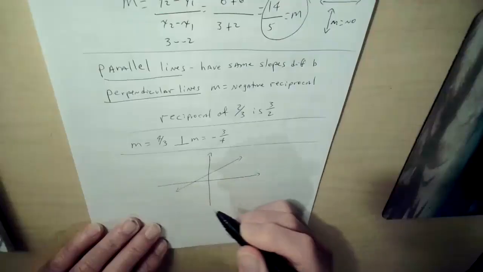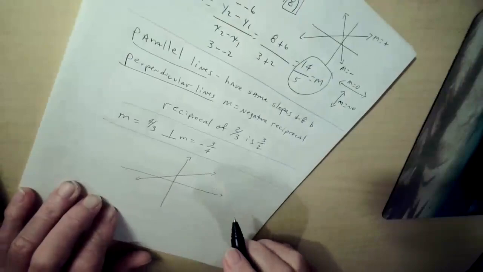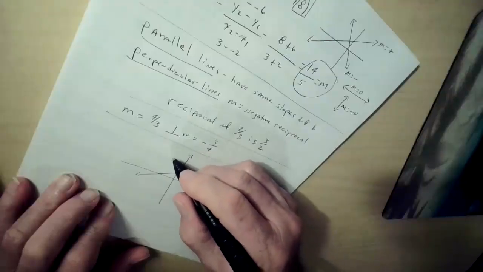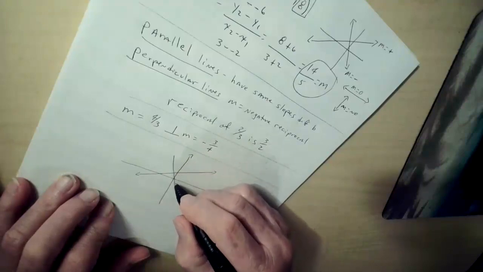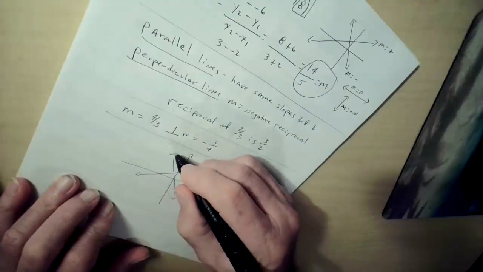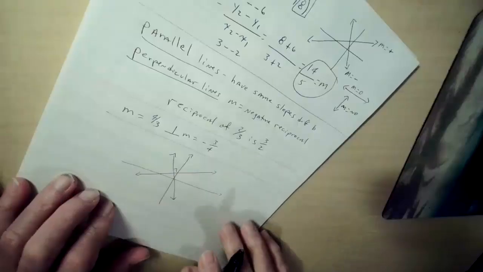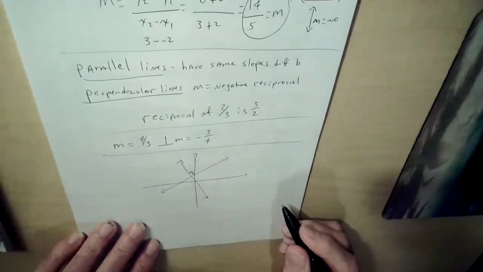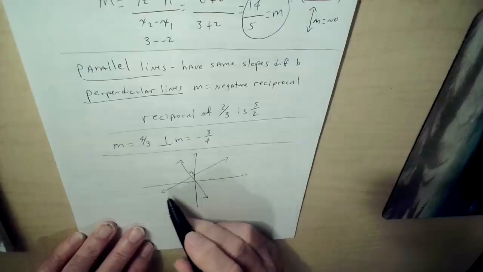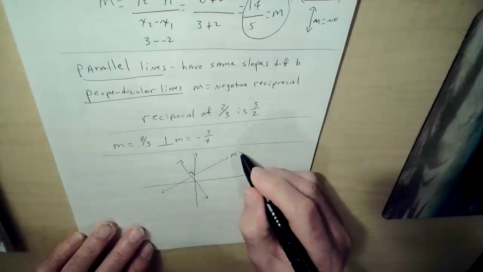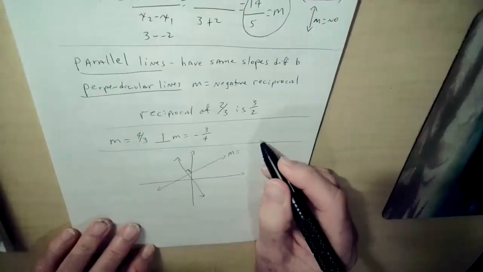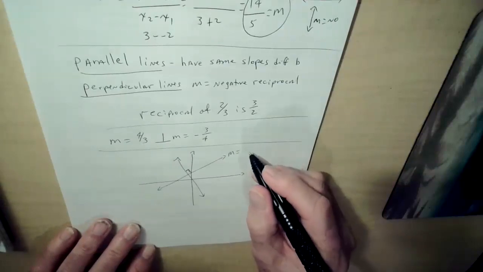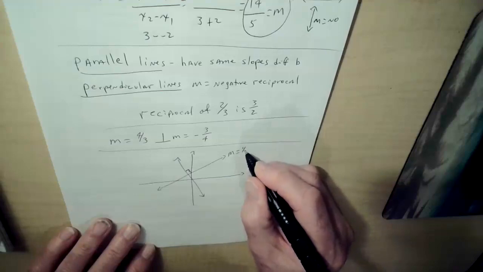This is why. Perpendicular lines, pretend these two are perpendicular. Perpendicular means that they're going to make a right angle right there. Not a 7, that's a little box. It means it's perpendicular.